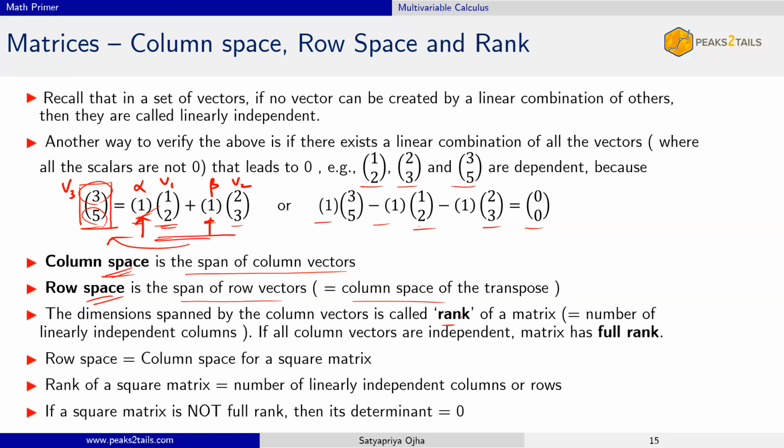So two vectors are linearly independent and the third one you can manufacture using the first two. Then the rank becomes 2. Okay. And if the highest rank that is possible is what you get in the matrix, then it's called full rank. So a 3 by 3 matrix, if it has 3 linearly independent vectors, will be called a full rank matrix. That means you achieved the highest rank that is possible.